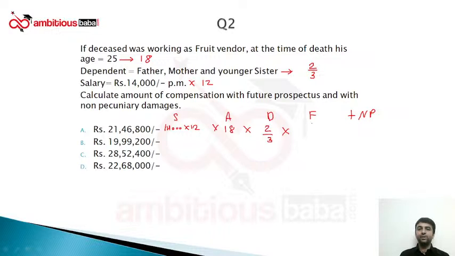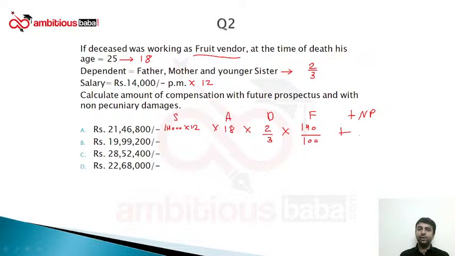So the future prospects in this case will be, he is a fruit vendor. Fruit vendor falls under the category of self-employed, so it is 140% for them. So we will write 140% upon 100. 40% increase means 140%, right?